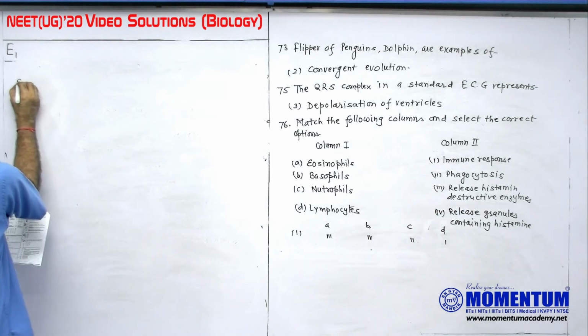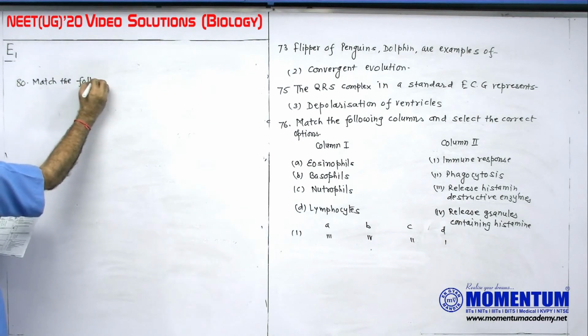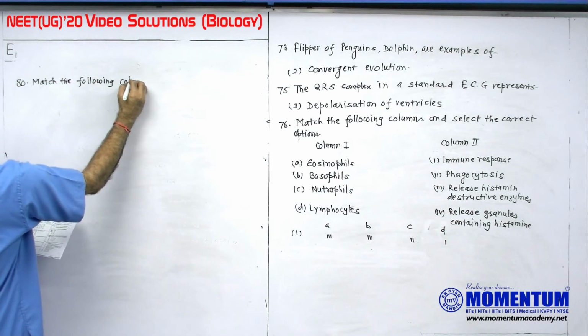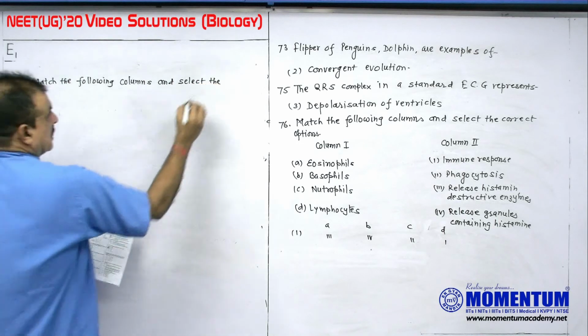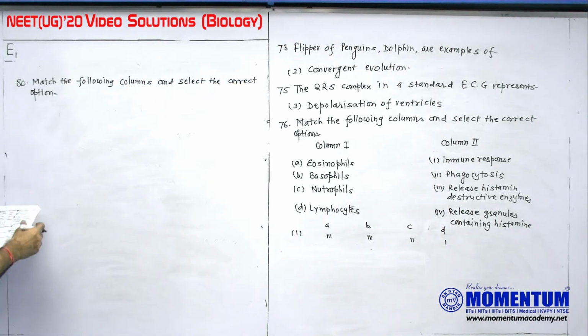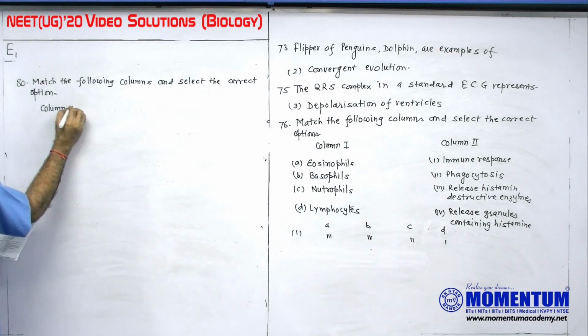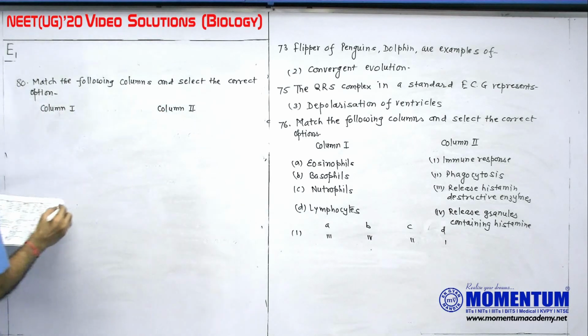Question number 80. Match the following columns and select the correct option. Column 1, column 2.